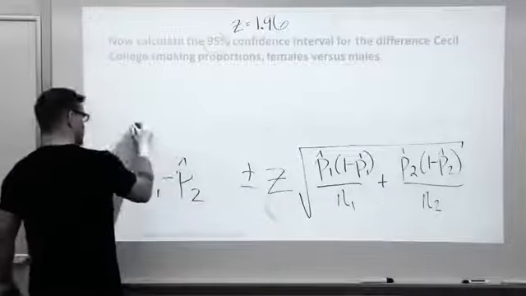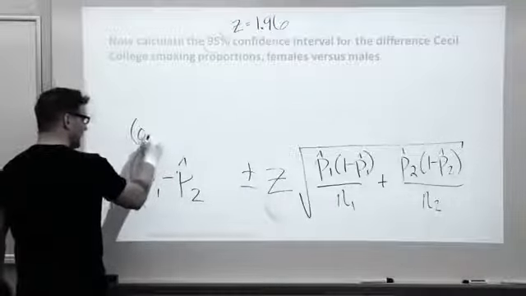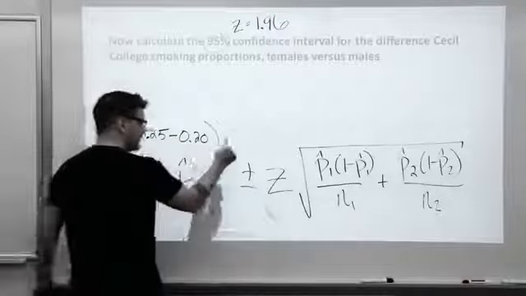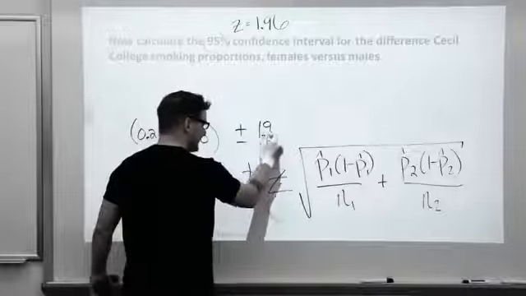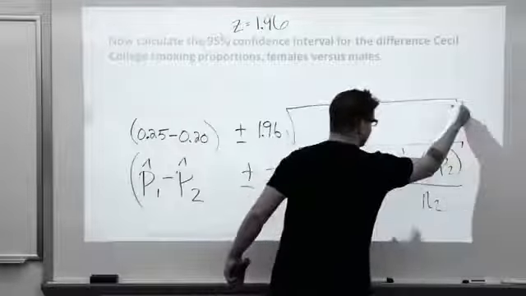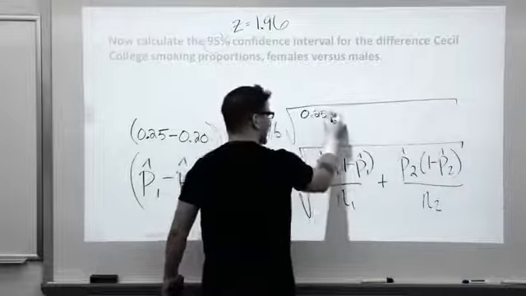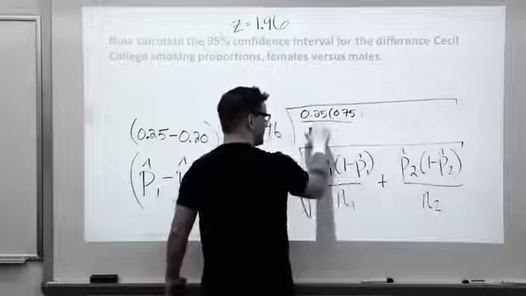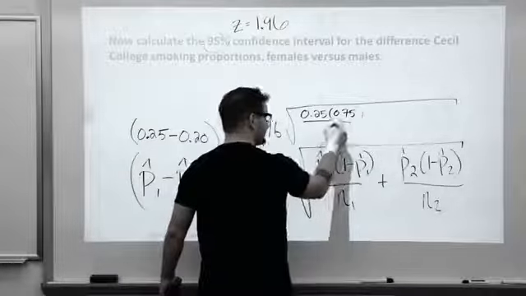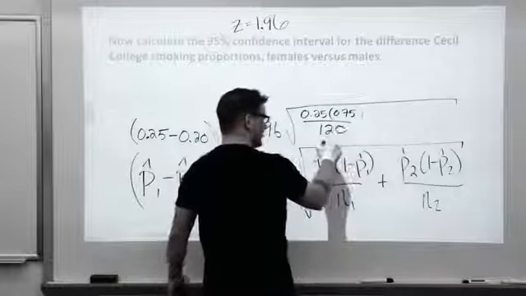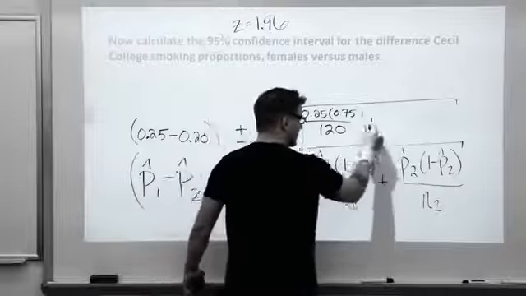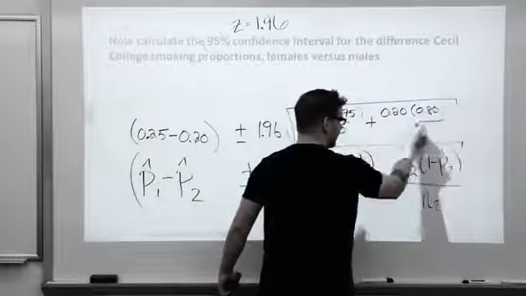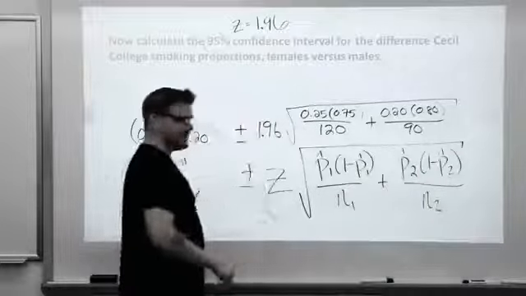All right. So I'm going upwards. Here's the formula. This would be 0.25 minus 0.20. That's the 5%, plus or minus 1.96 times the square root of 0.25 times 0.75, since $1 minus a quarter is 75 cents, over 120 females, plus 0.20 times 0.80, since $1 minus 20 cents is 80 cents, over 90 guys.